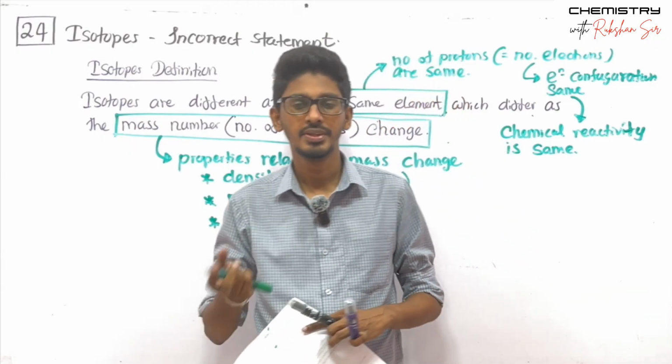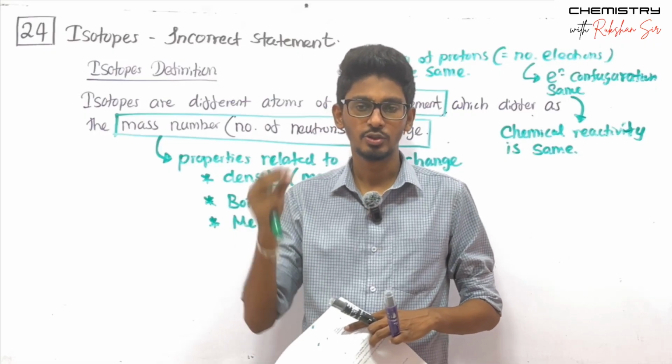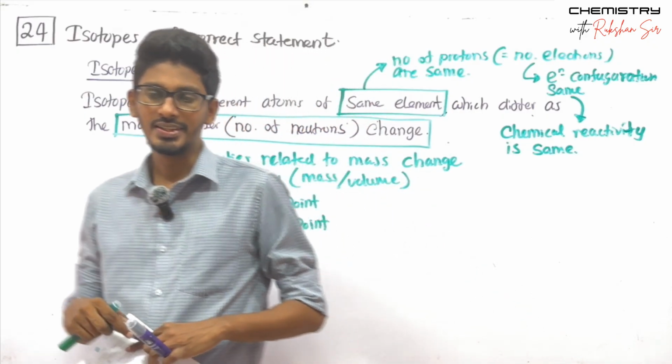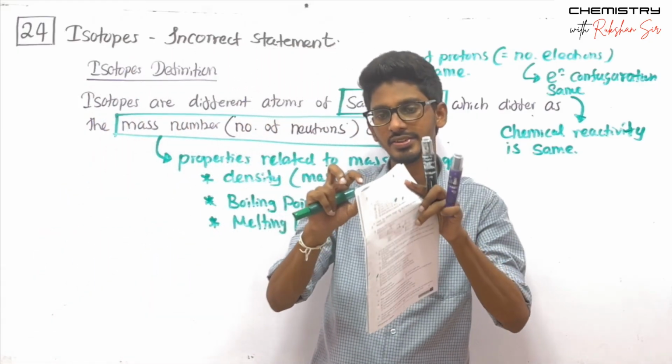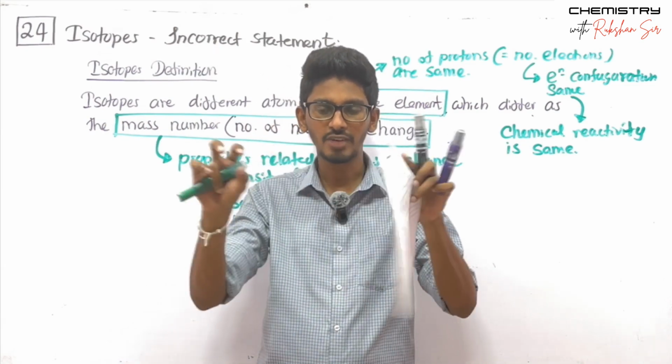Melting point means the temperature you need to supply to convert a solid to a liquid. In those scenarios, the closely bound particles get apart from each other.